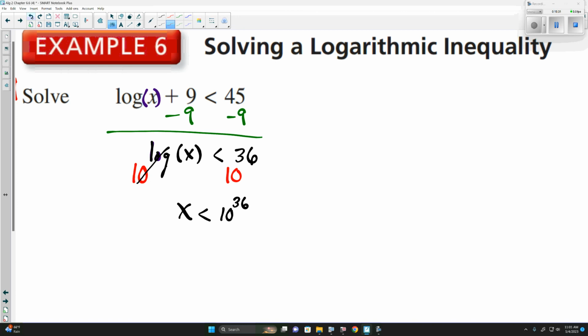It's 1 undecillion, I believe, if I did the calculations right. So with this here, if the answers on the homework go more than 6 digits, leave it in exponential form. Like that? Yes.